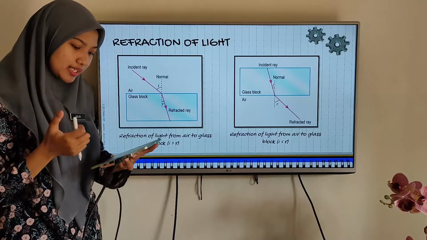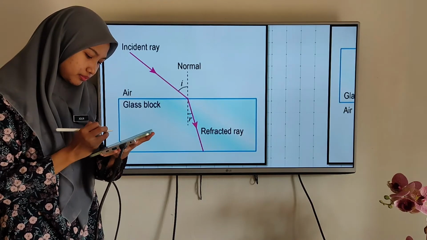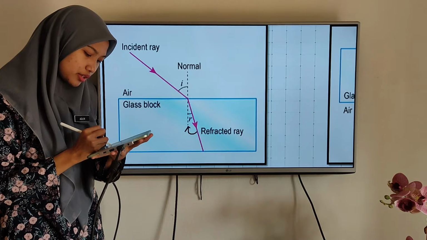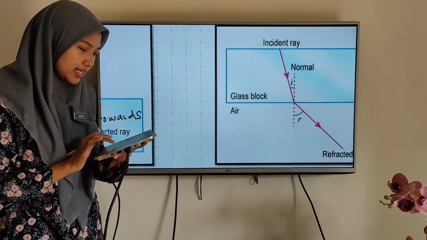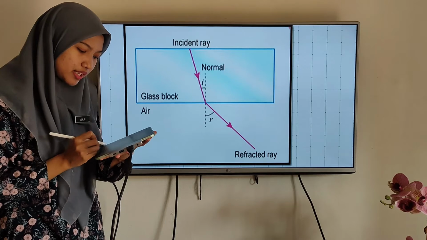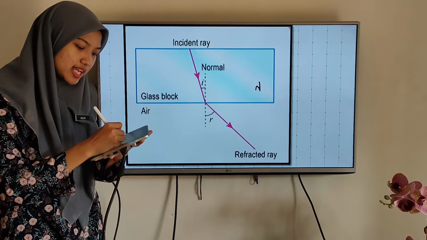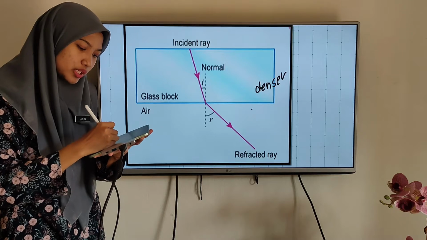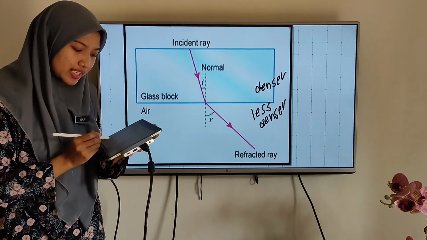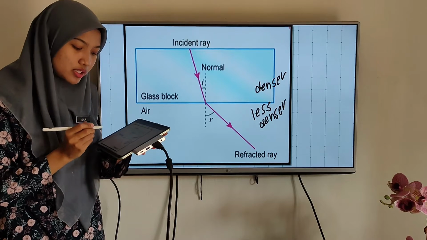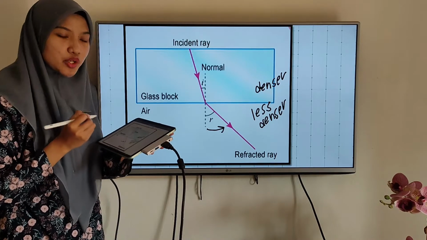Away from the normal line. So you can see that the refracted ray is towards the normal line, but when the ray goes from the glass block to air, which is denser to less dense, the angle of refraction of the refracted ray will be away from the normal line.